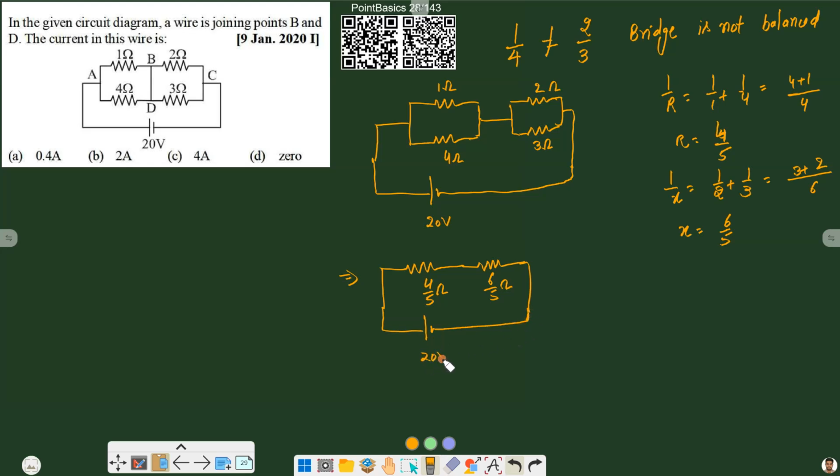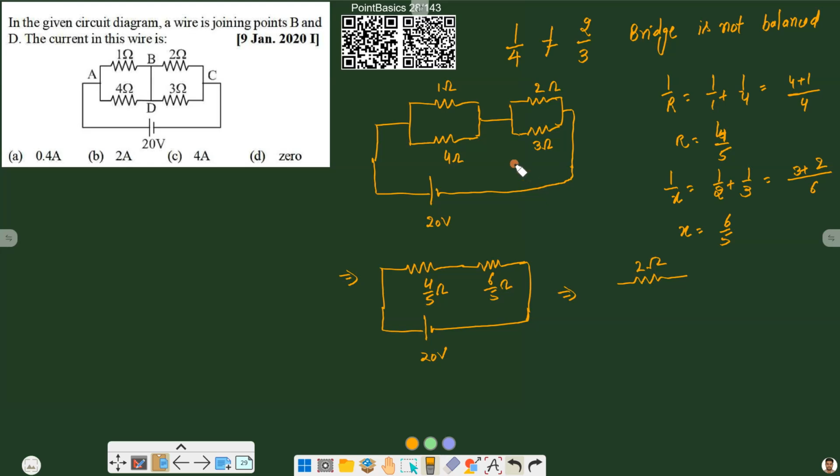Now both of these two are in series, so we can reduce this circuit further by adding both of these into a single resistance, and the value of that will be 4 by 5 plus 6 by 5, that is 10 by 5, or 2 ohms.